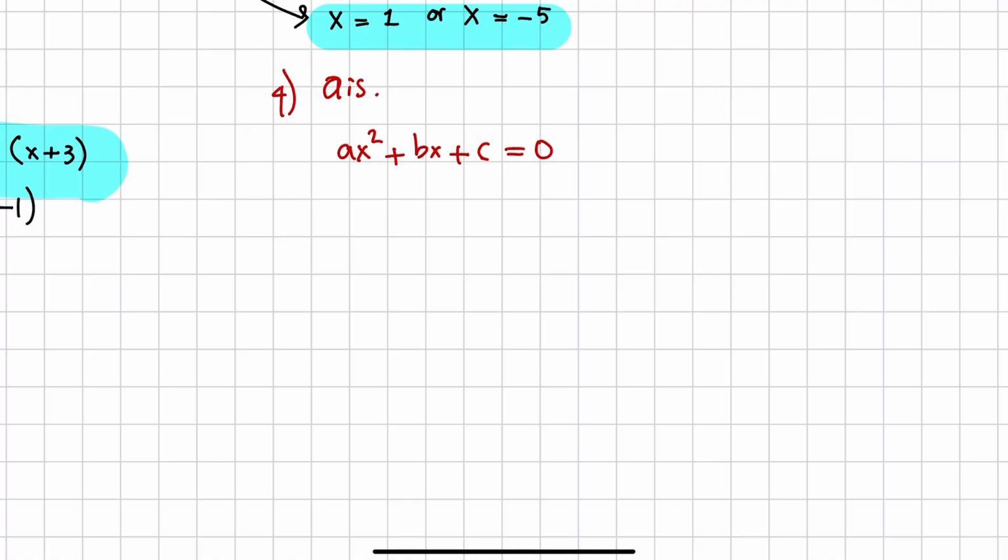So what should we use? We use b squared minus 4ac. If b squared minus 4ac is positive, that means there are two roots.